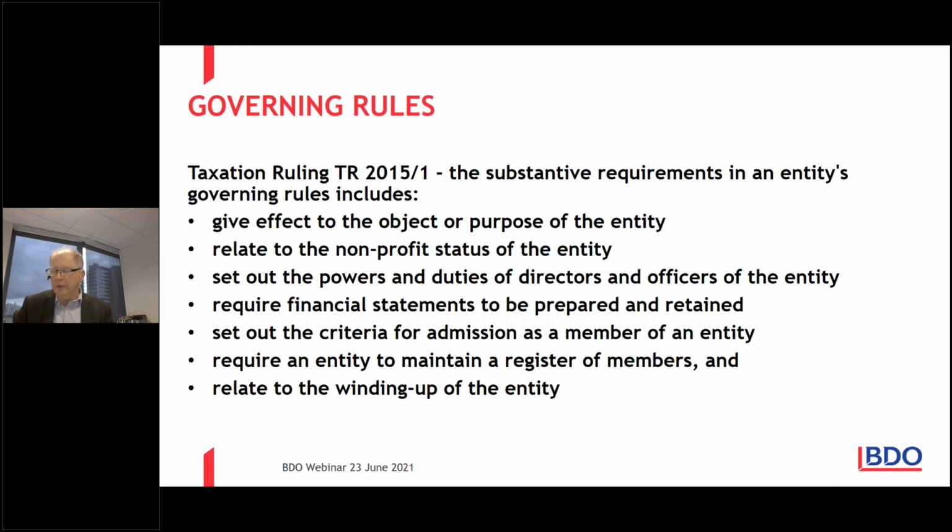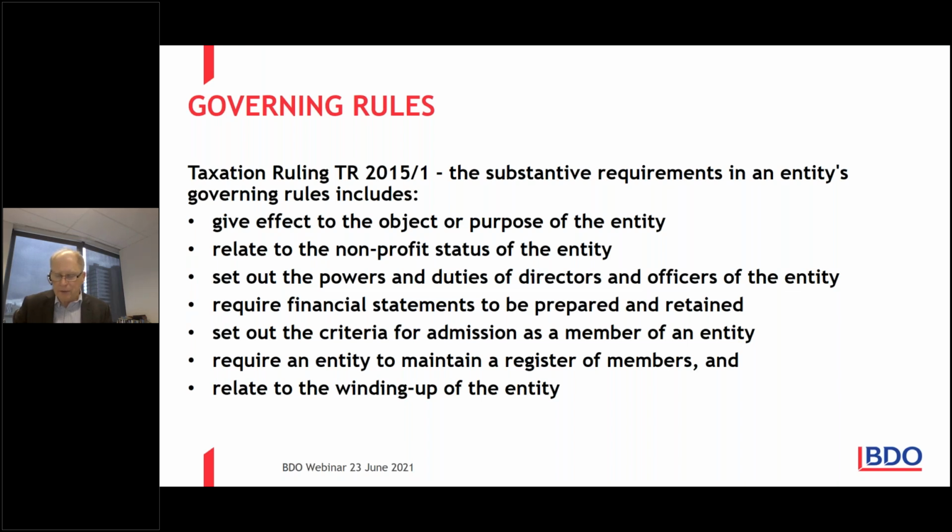They rewrote the Division 50, and they brought in this concept of the substantive requirements of an entity's governing rules. Some of the examples given were they give effect to the objects or the purpose of the entity, confirm the not-for-profit status, the powers and duties of the directors, require the financial statements to be prepared and retained.